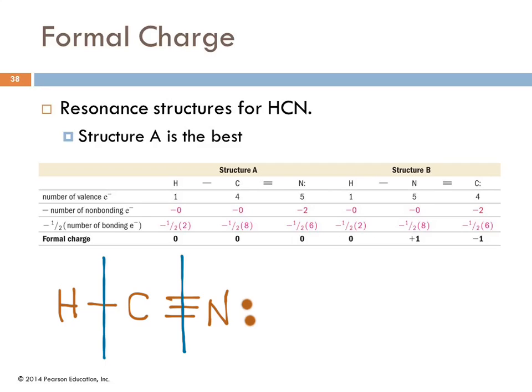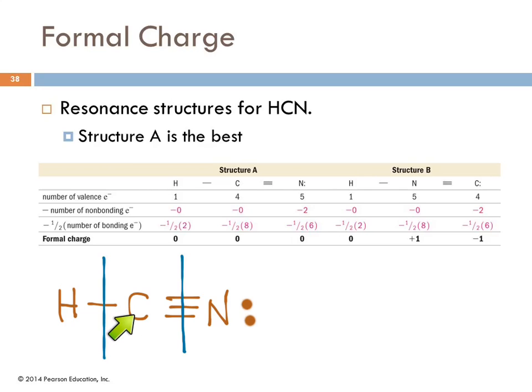We know that these atoms are not sharing equally, but for formal charges, we assume they're sharing equally. So all the bonds get split, and hydrogen only gets to count his half of the bond. So hydrogen in this Lewis structure owns 1 electron. Does that make sense? You get half of what you're sharing.